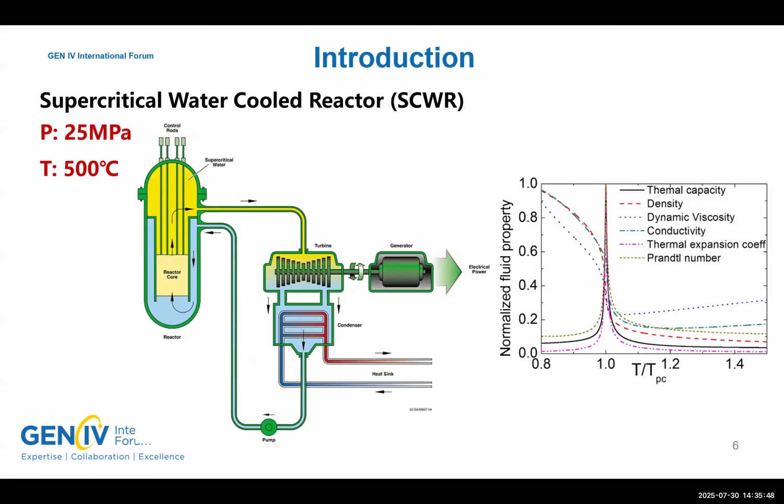Firstly, I will show one picture of the SCWR, and you will see that the pressure of the SCWR is about 25 megapascal, and the outlet temperature of the fluid is over 500 degrees C. On the right side are the properties of supercritical water.